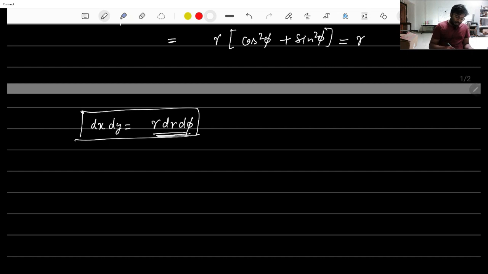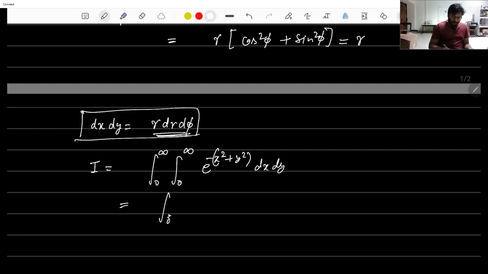Our integration was I equals the integral from 0 to infinity of e to the power minus (x square plus y square) dx dy. In plane polar coordinates, this integration will become e to the power minus r square r dr d phi, correct.